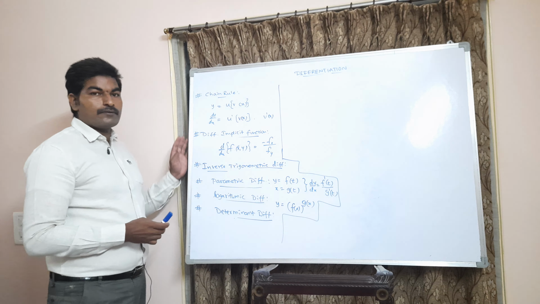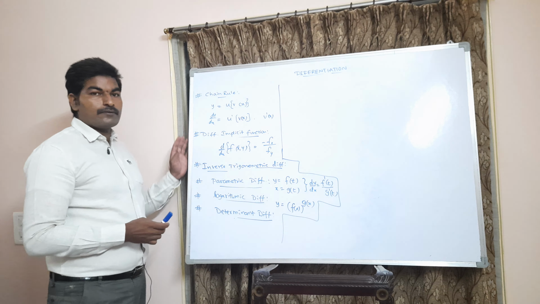So first of all, you have to differentiate the log function. Now write down like this: dy by dx is equal to dy by dx of log sin x. So first you have to know the formulas for log of something.